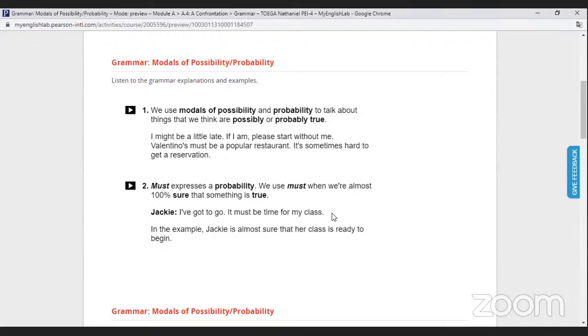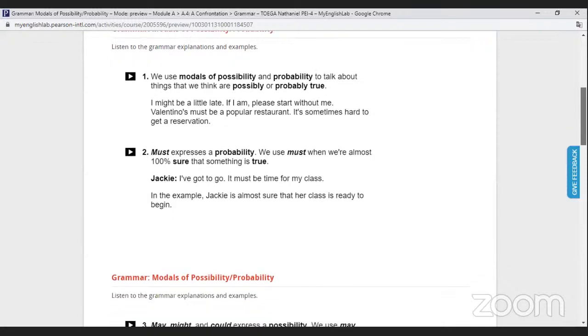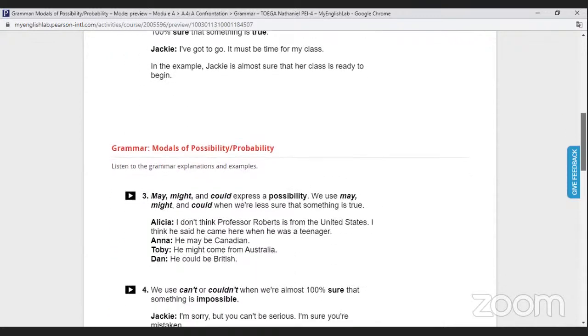Do you want me to read the explanation too? Yeah, continue. In the example, Jackie is almost sure that her class is ready to begin. Exactly. So when you're talking with must, with this modal, you know, it's almost 100% sure that it's going to happen, right? With this auxiliary or modal.